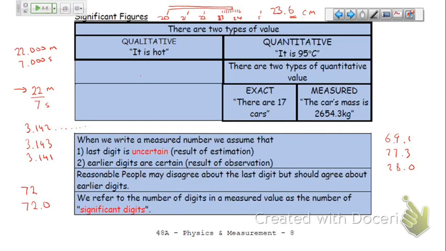Because then I know, when you measured this, that your ruler was actually in tens of meters. It's a lousy ruler. I counted 2 tens, and then I guesstimated the 2. That's my guesstimated number. So when I write down 22, I mean I'm certain about the tens, I'm uncertain about the 2.